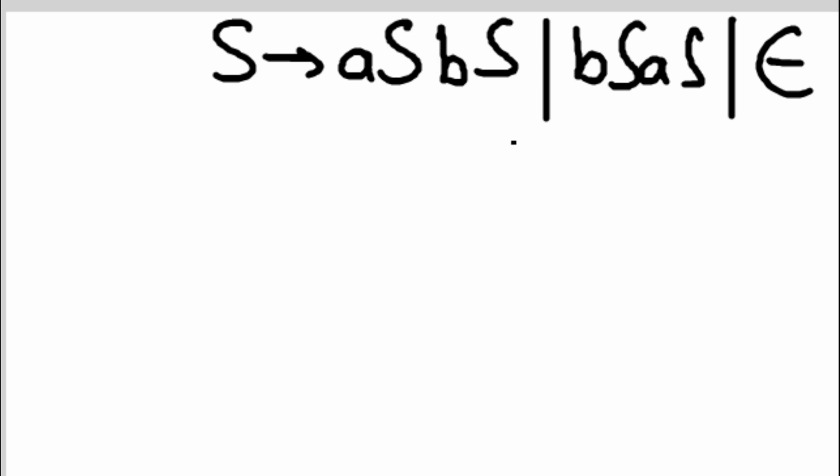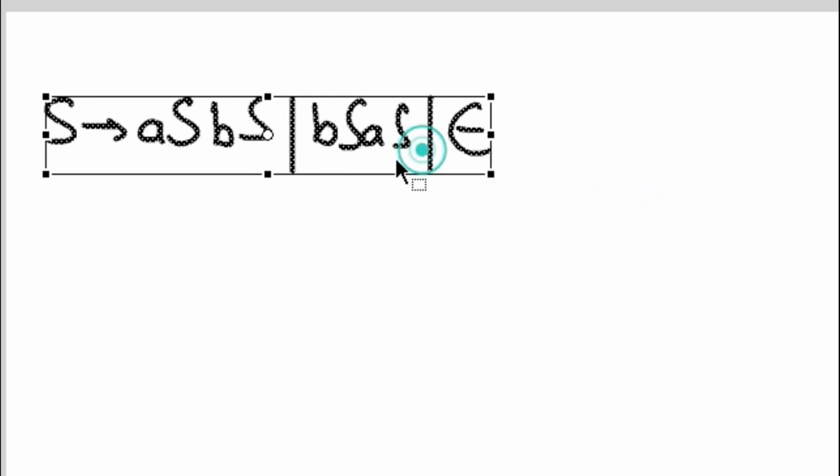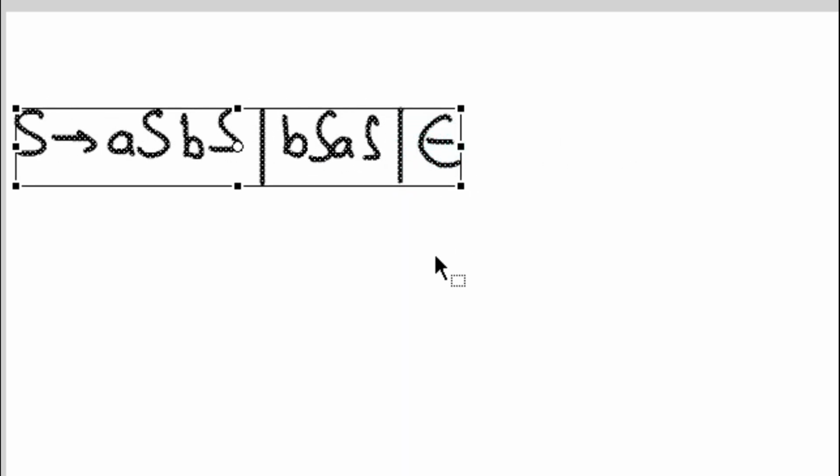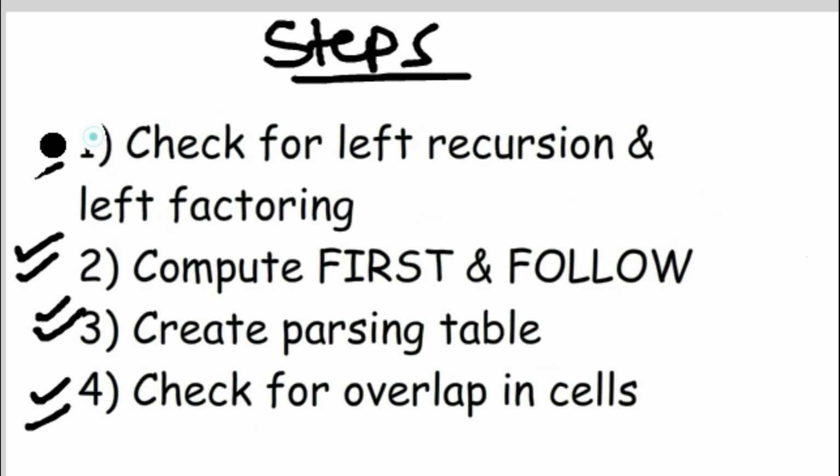Now in this question, we have to check whether the given grammar is LL1 or not. So for that, we have to find the first and follow of this. So how do we find the first and follow?